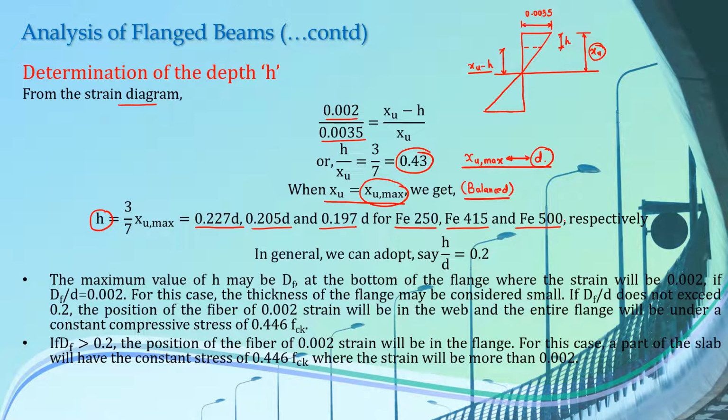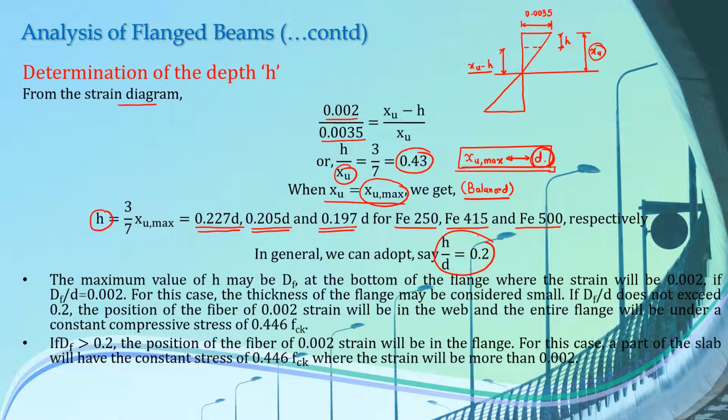For that, we have to develop the relationship between xu max and D, which we have already discussed, and substitute the value of xu max here. Instead of xu, substitute the value of xu max, which is in terms of D. You can see here that all of these values for different grades of steel are very nearly equal to 0.2D. So in general, we can say that the H by D ratio is equal to 0.2.